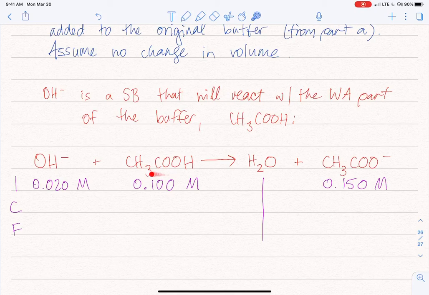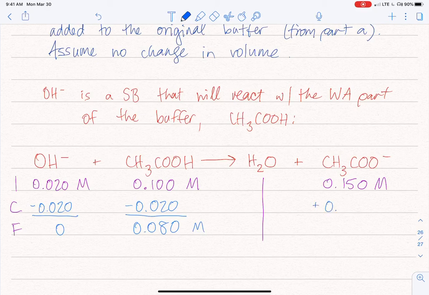Now, this number is bigger than this number, so I'm going to definitely have enough acetic acid to consume all of the added hydroxide. And it's just going to decrease the concentration of acetic acid to 0.08 molar now instead of 0.1. And I'm going to have a corresponding increase on the other side of the weak base concentration. So the acetate concentration after this reaction is going to be 0.17 molar.